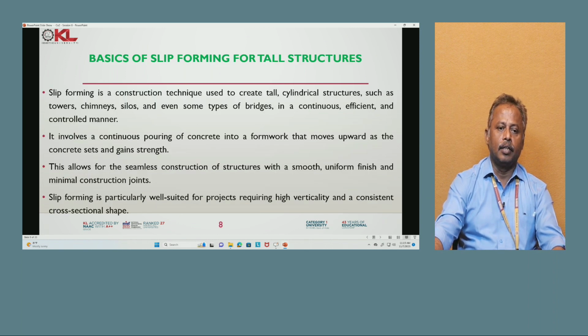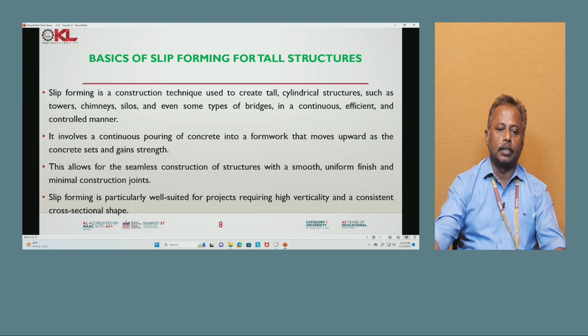Next, we will discuss the slip forming of tall structures. Slip forming is a construction technique used to create tall cylindrical structures such as towers, chimneys, and even some types of bridges in a continuous and efficient, controlled manner. It involves the continuous pouring of concrete into formwork that moves upward as the concrete sets and gains strength.